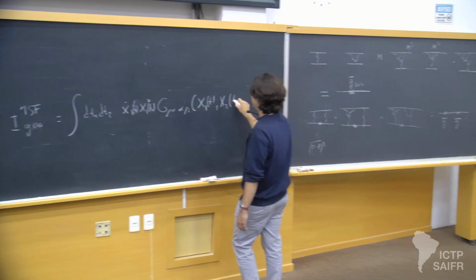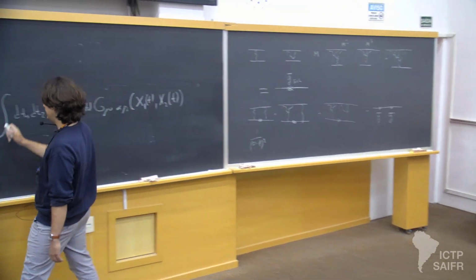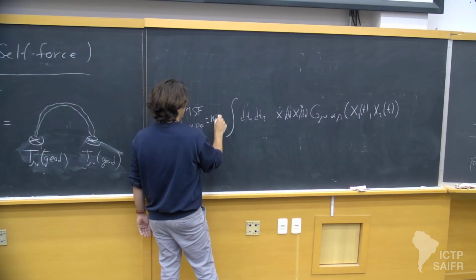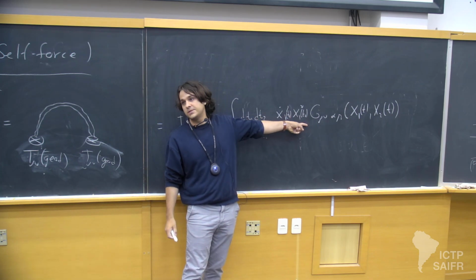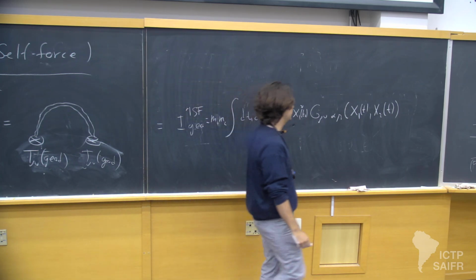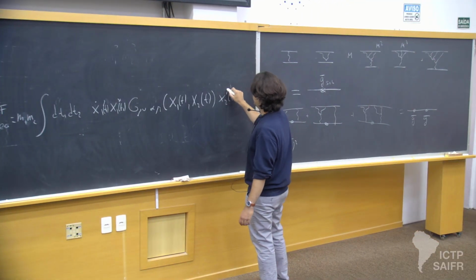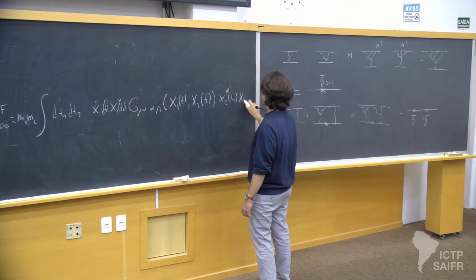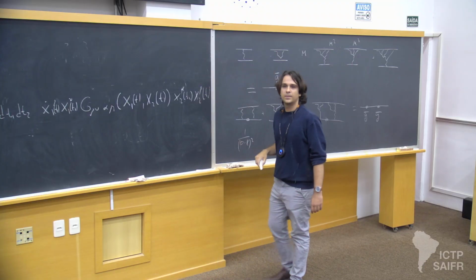So I evaluated the 2 endpoints. You have also M1, M2, right? So M1 times x1 dot is just the stress tensor for the geodesic. And then x2, T2, alpha, x2, beta, T2. Okay, so it's some complicated thing.